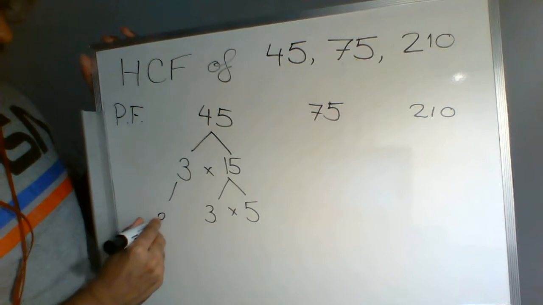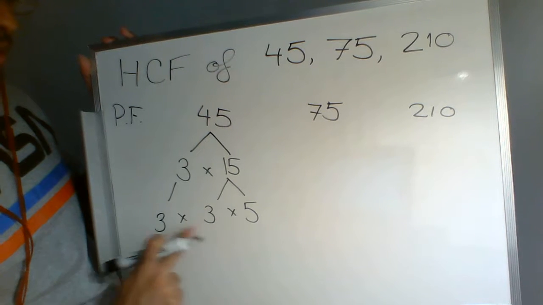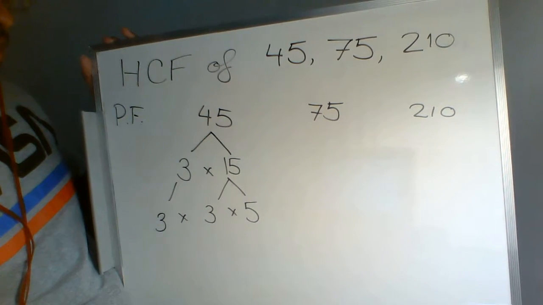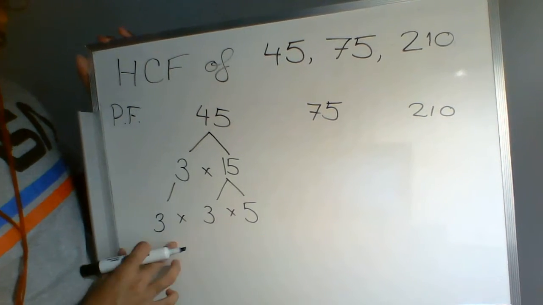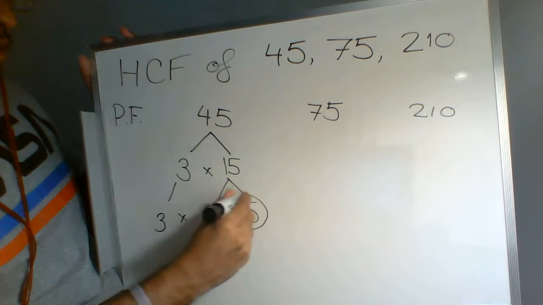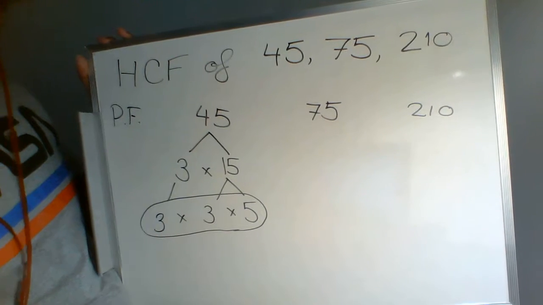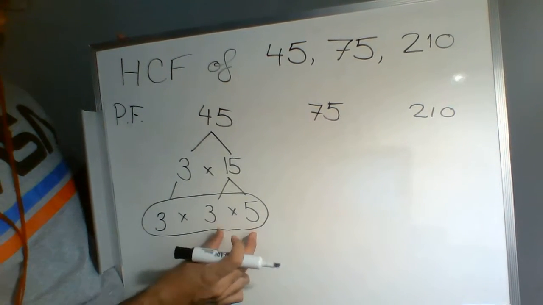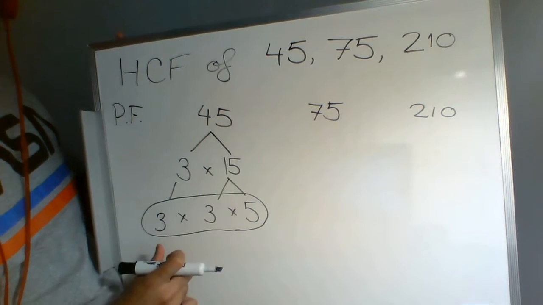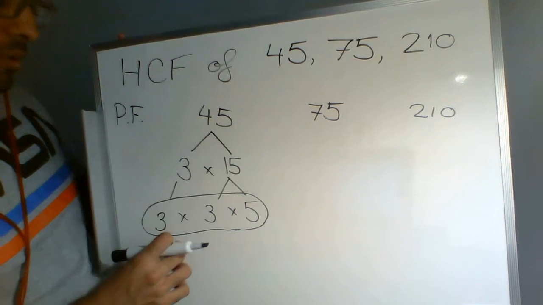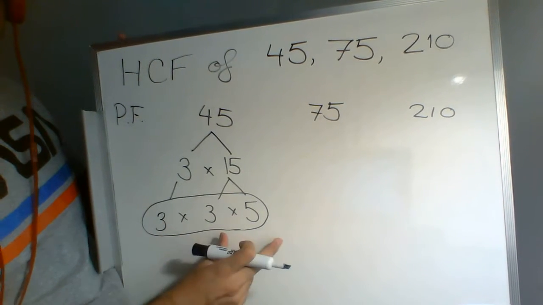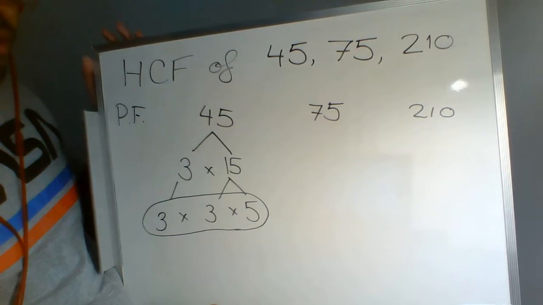We can also bring this 3 down, so we have 3 times 5 is 45. And all of those are prime, so we're done. So that's all of the prime factors that when you multiply them together, you'll get 45. And you can check that: 5 times 3 is 15, times 3 is 45, or if you go the other way, 3 times 3 is 9, and 9 times 5 is 45. So we're good there.